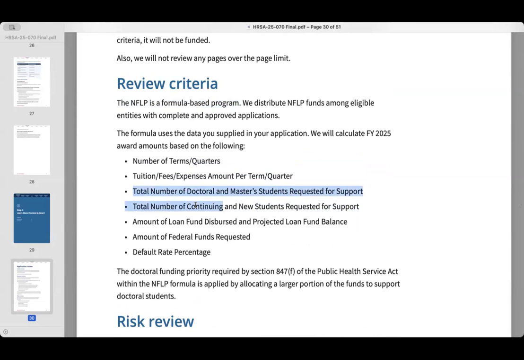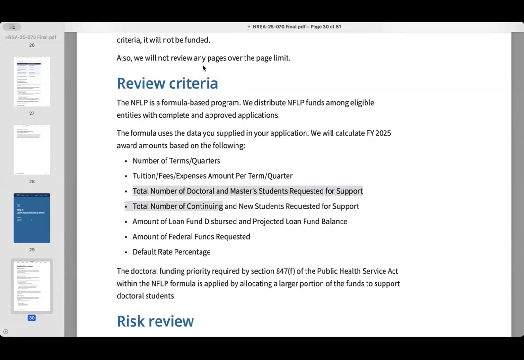Now, a key weakness to avoid is that if you have a plan to expand your program through something like this, that you indicate that expansion in your narrative clearly, because if you do not have that information in there, the applicant reviewers might look at this and say, hey, they mentioned this number of students here, this number of students there.